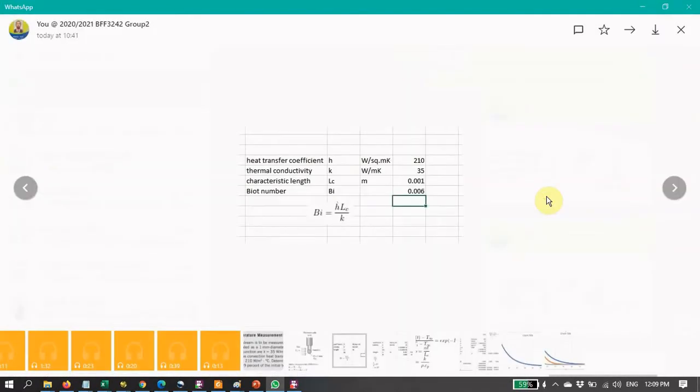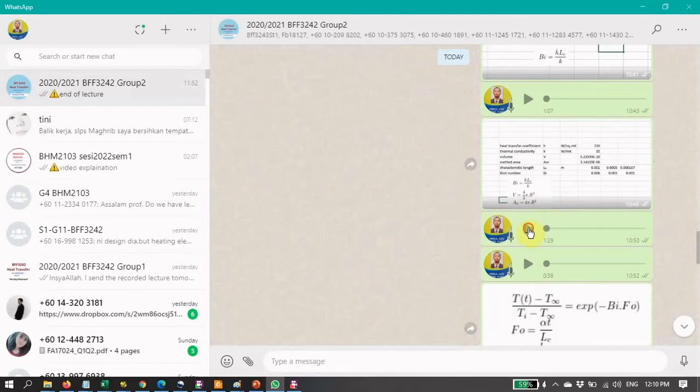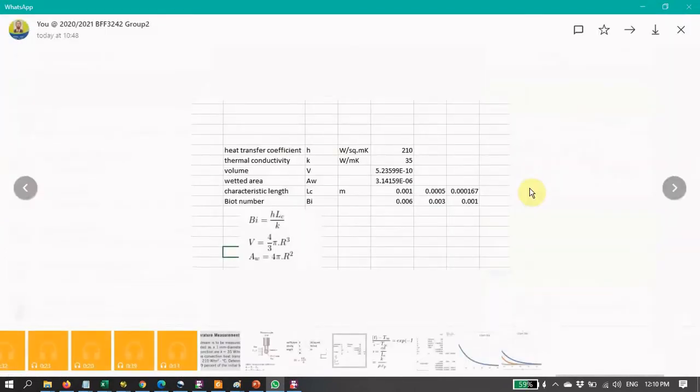But we would like to compare with different characteristic lengths. I'm going to use the definition of volume divided by the wetted area, and also the characteristic length based on the radius of the thermocouple junction. So we have three different characteristic lengths used to determine whether our system can be considered a lumped system or not.